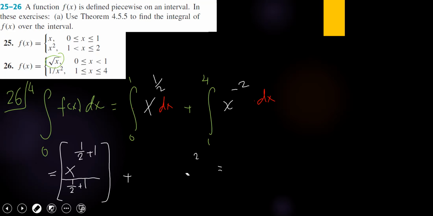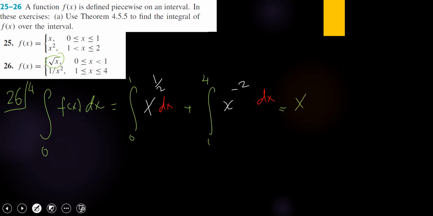I'm sorry. Here we have x to the power 3 over 2 over 3 over 2 from 0 to 1 plus x to the power -1 over -1 from 1 to 4.